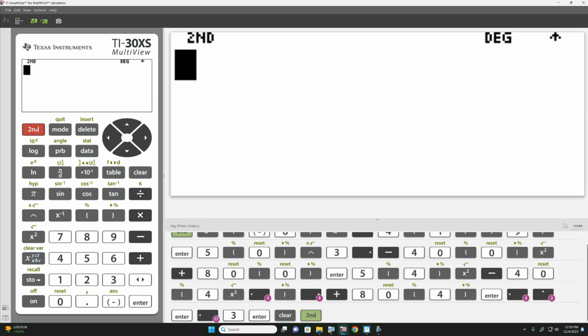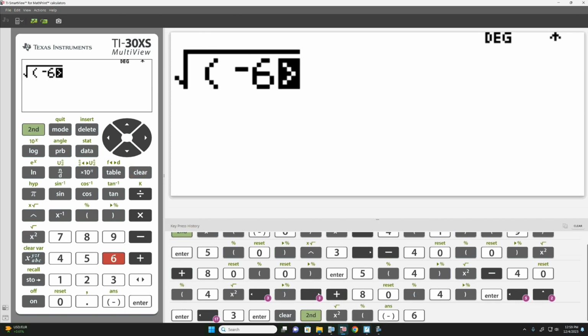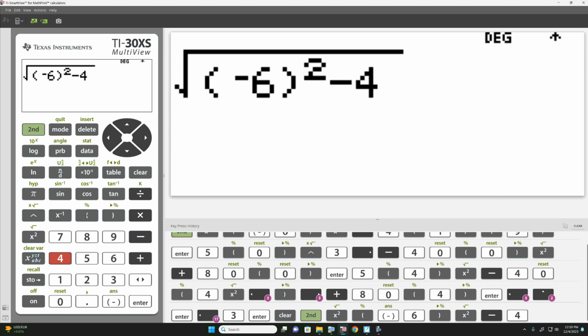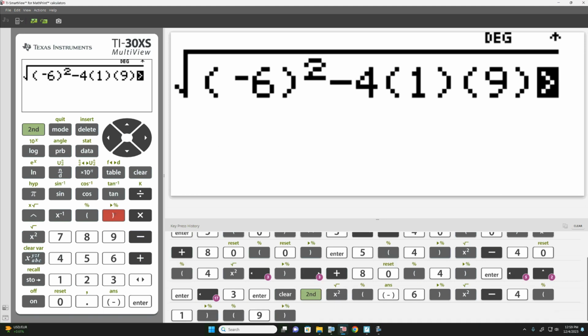So what we can say is square root, negative 6 squared minus 4 times 1 times 9. Now, if you remember back from our chapter when we used quadratic formula, we normally didn't type the whole thing in, because there's a chance that what's inside this radical could be negative, and if it's negative, the calculator will not find it. But in this case here, the square root of b squared minus 4ac is 0.